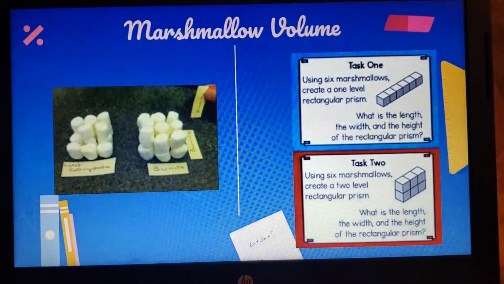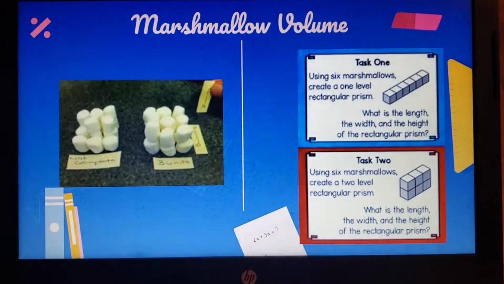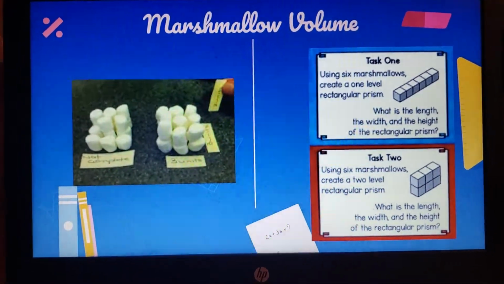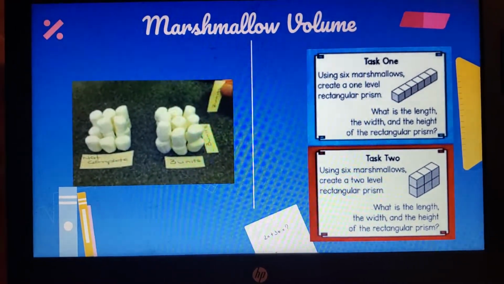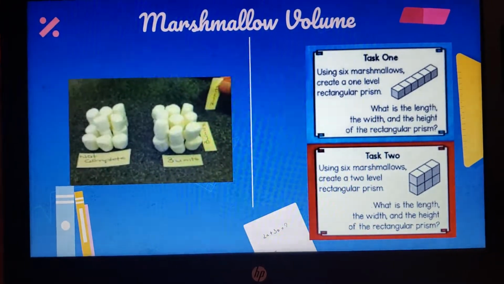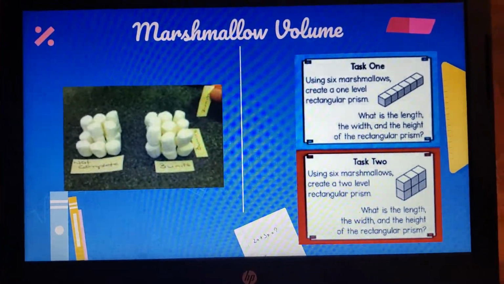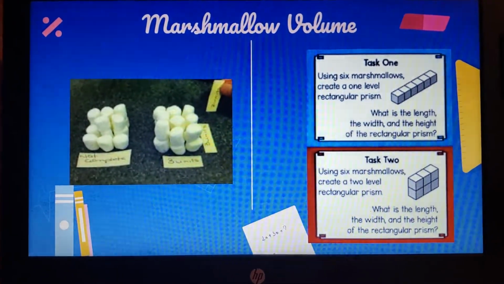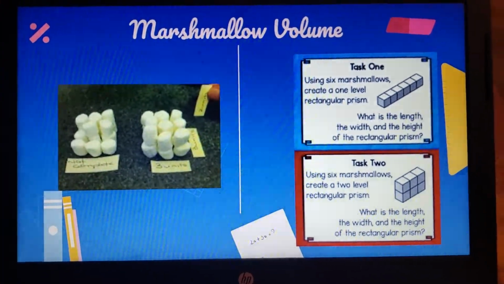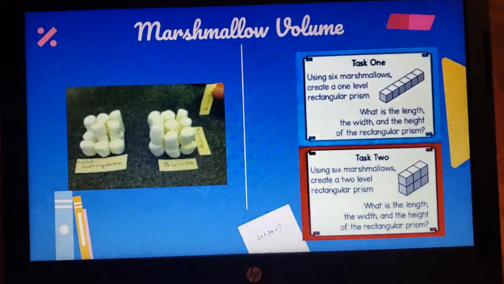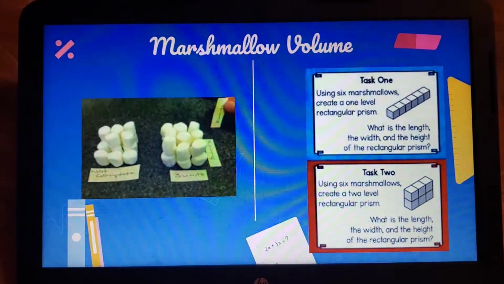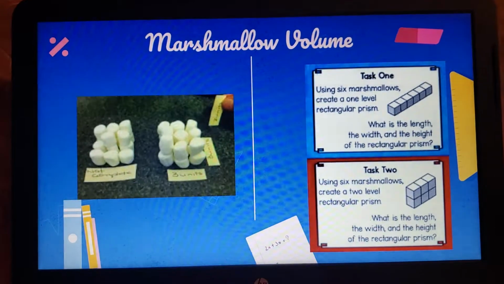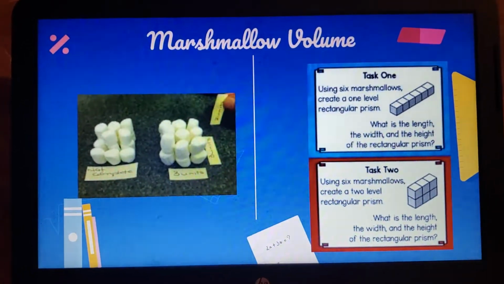And then the task card on the bottom says, what is the length, the width, and the height of the rectangular prism? So at this point, students should be like, oh, okay, we find the volume by counting the length, the width, and the height of these marshmallows. So we would start writing down the formula, and we would start saying, okay, those ideas on the board are wrong, or maybe someone got it right.